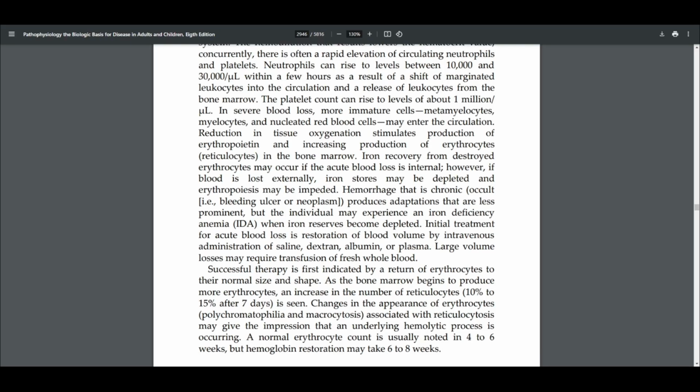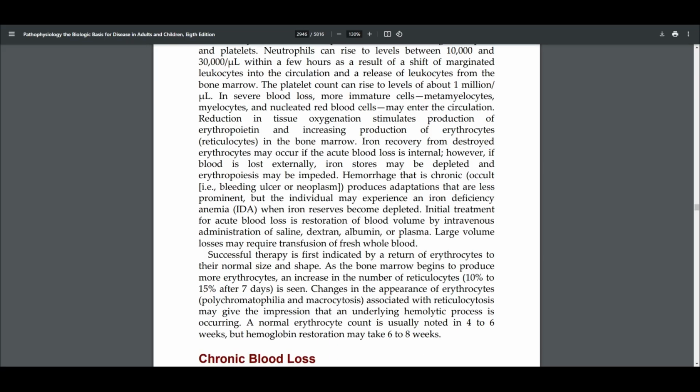Iron recovery from destroyed erythrocytes may occur if the acute blood loss is internal. However, if blood is lost externally, iron stores may be depleted, and erythropoiesis may be impeded. Hemorrhage that is chronic produces adaptations that are less prominent, but the individual may experience an iron deficiency anemia.